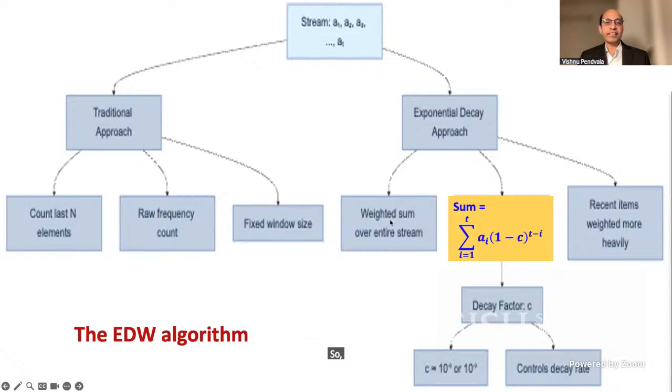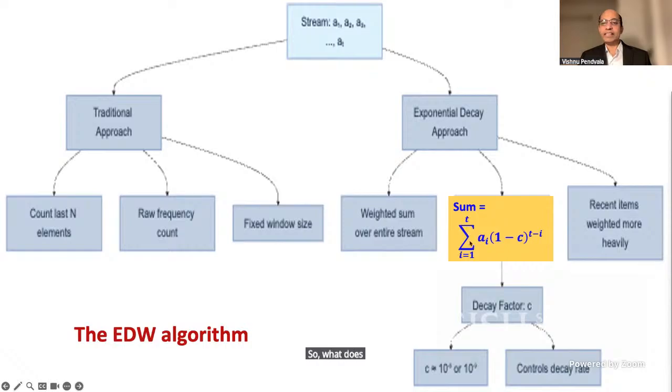There is a weighted sum over the entire stream for each keyword identified, and that sum is computed using this formula. c is the decaying factor. Typically, it's in the range of 10 power minus 5 or 10 power, whatever numbers you are seeing on the screen. And so this controls the decay rate.